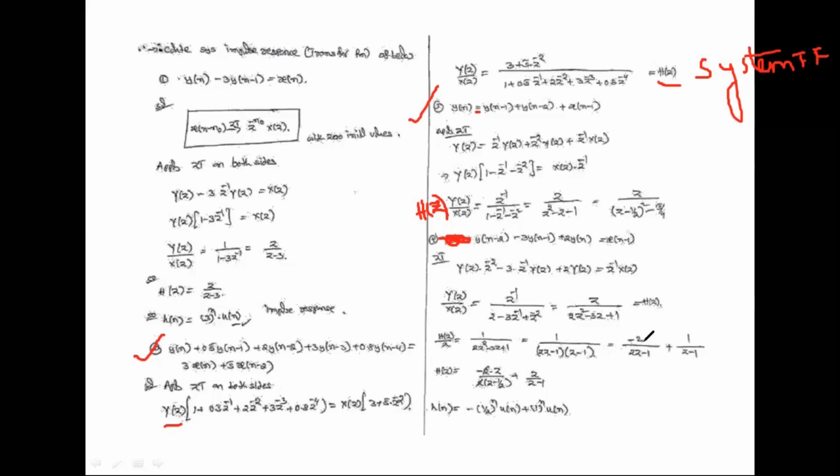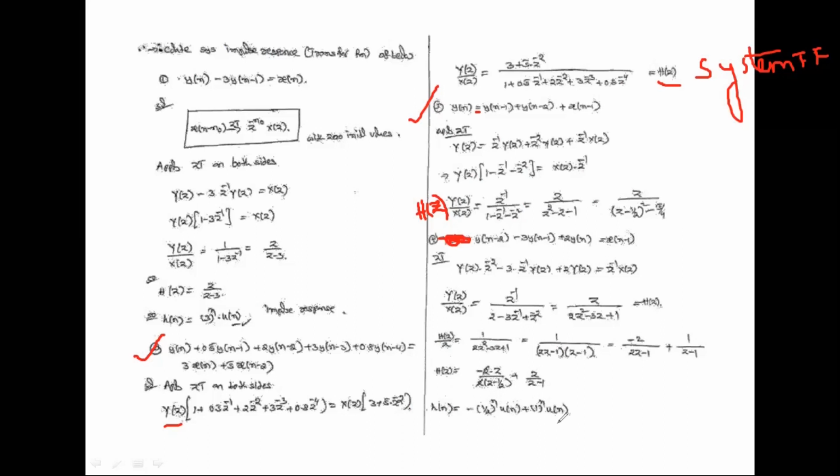Using the partial fraction expansion method, you can get a is minus 2 and b is 1. And the impulse response for H of z, h of n, is in the form of z by z minus a. What is the a here? 1 by 2. So minus 2 into 1 by 2 whole power n mu of n, and z by z minus 1 gives 1 power n mu of n.